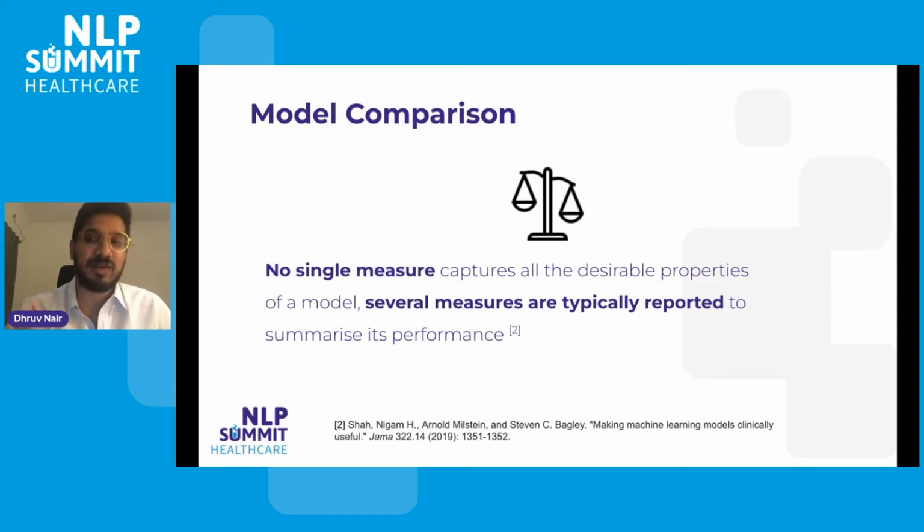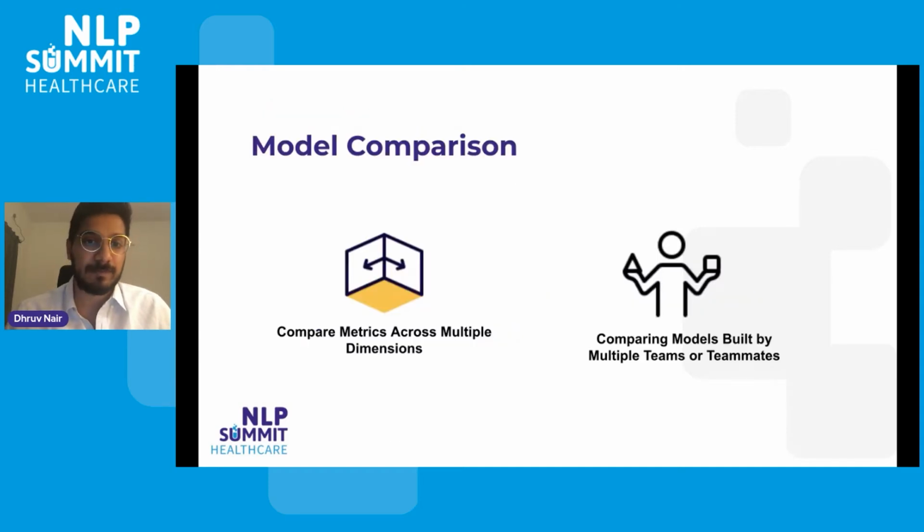So that means keeping track of not only what you as a practitioner are trying, but also the approaches that your colleagues are trying. Additionally, a single performance metric across an entire data set is usually not sufficient to characterize a model's performance, and we'll see why this is the case.